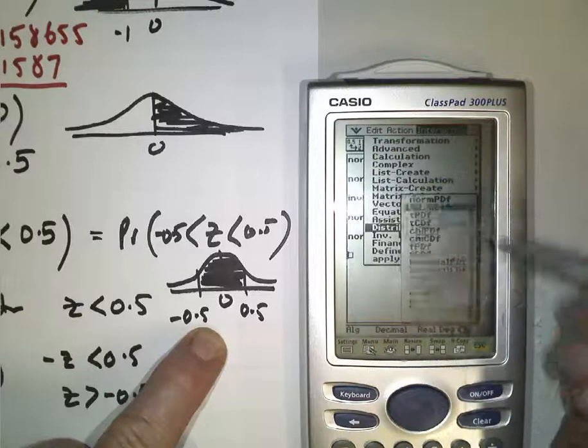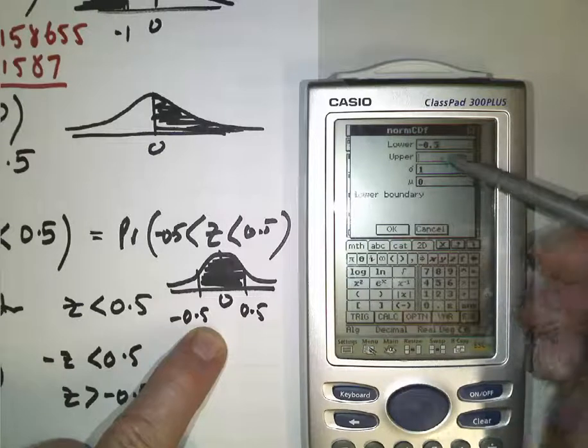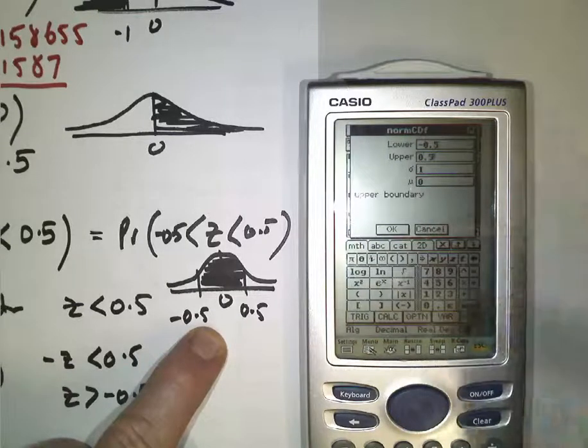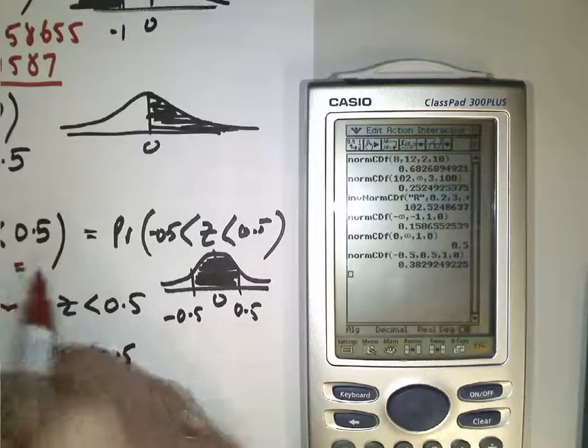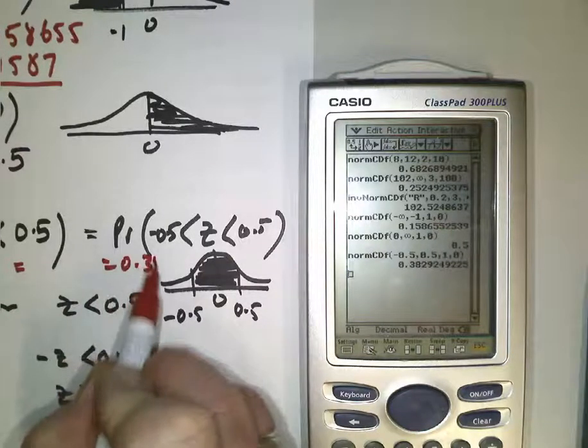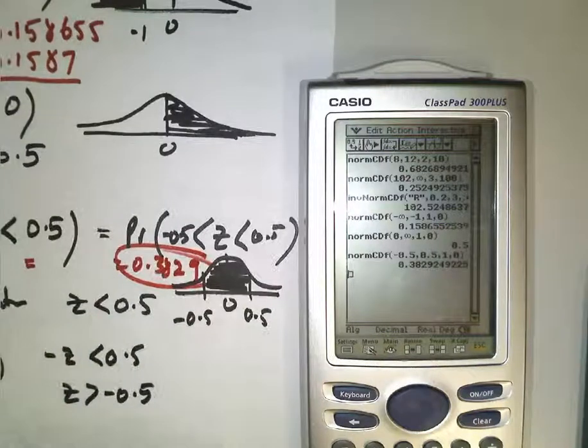My lower is negative 0.5. My upper is 0.5. Okay, and that gives me a probability equaling 0.38292.